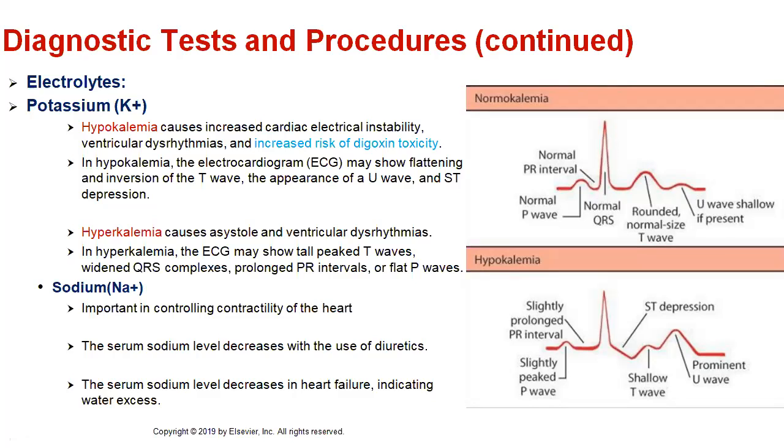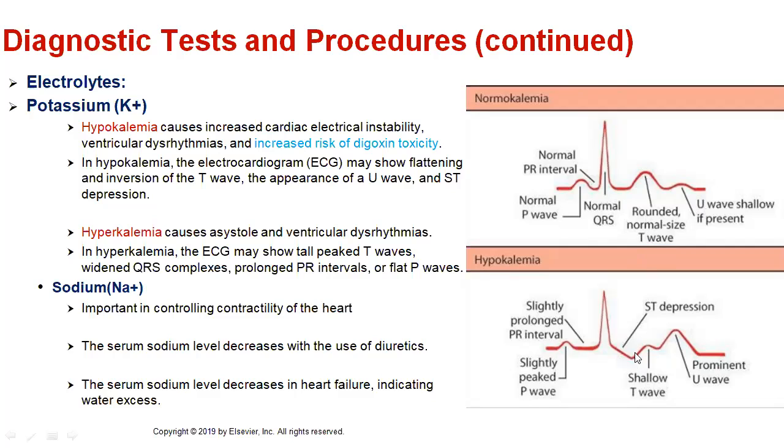If the patient develops hypokalemia, we can see, just take a look, the T wave is normally a positive deflection, but here you can see the T wave is shallow, or almost flattening. Then the ST segment: this is the QRS, and this is the S and T segment.